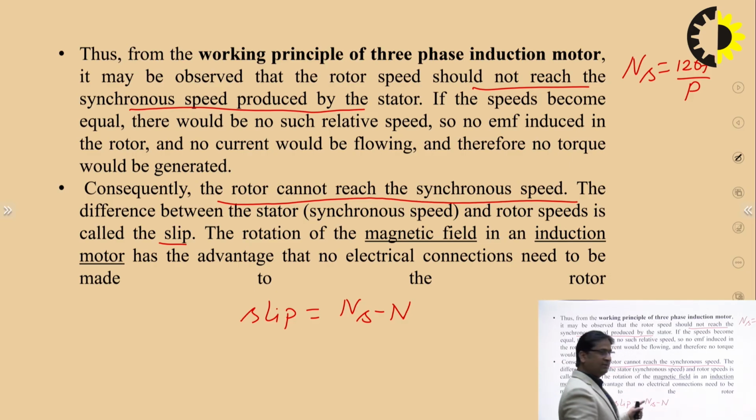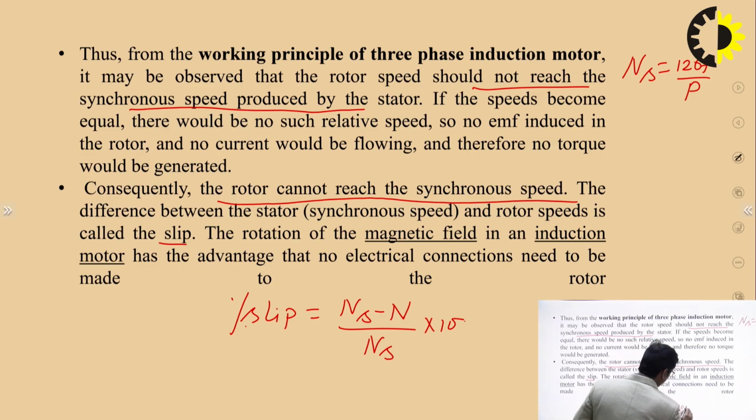The percentage slip is given by (Ns minus N) divided by Ns, into 100. So, this is called the slip or slip speed.